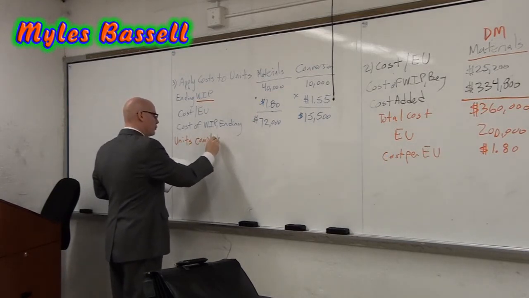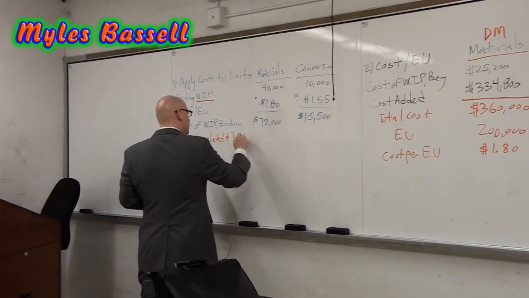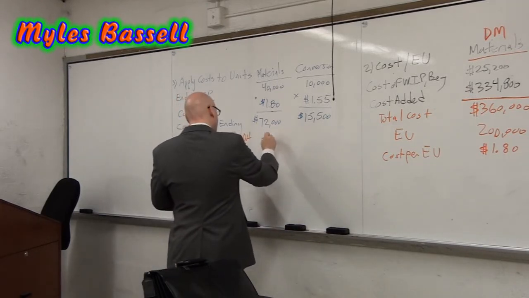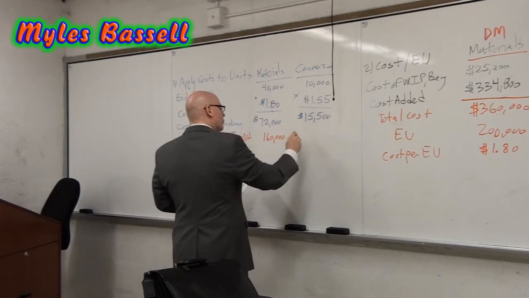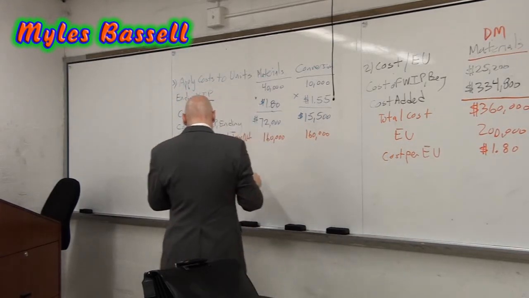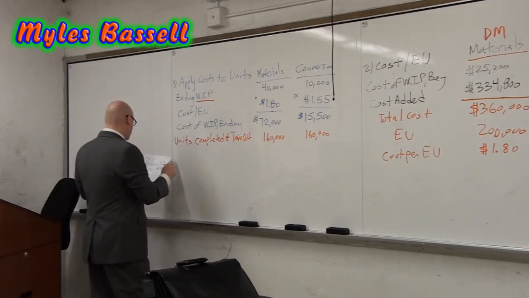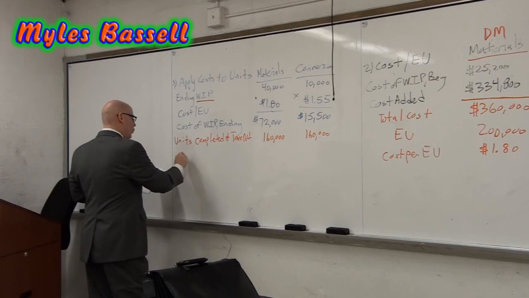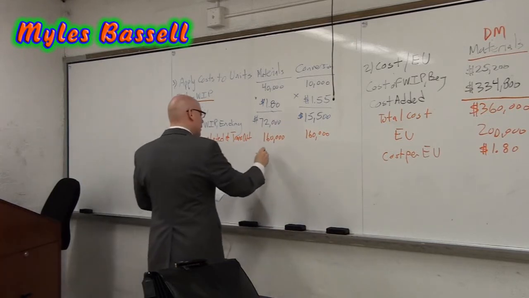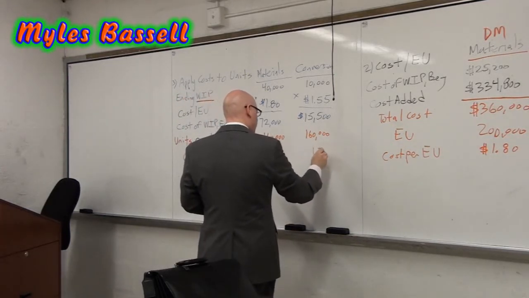How many units? 160,000 units for materials, 160,000 units for conversion. We know that the cost per equivalent unit is still $1.80 and $1.55.